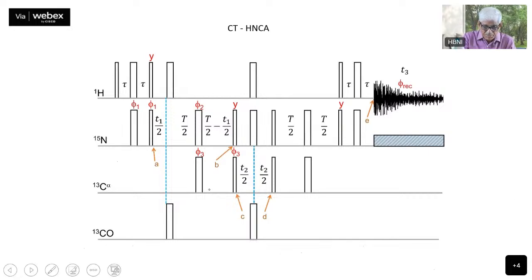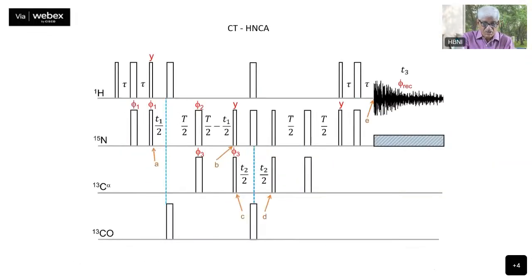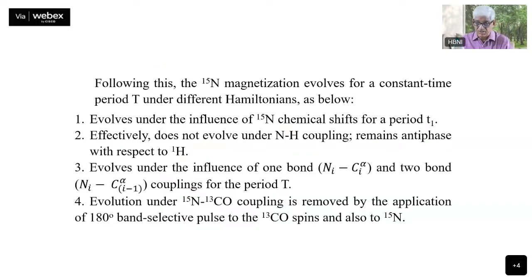We have simultaneous 180 pulses on nitrogen and C alpha, and therefore that coupling is not refocused. So it will evolve under that coupling. And from T1 by 2 to another T1 by 2 from here, there is no pulse on the nitrogen or on the C alpha. Therefore, it evolves under that coupling as well. Therefore, for the total period, you have the one bond N-i C alpha i and two bond N-i C alpha i-1 couplings for the period T.